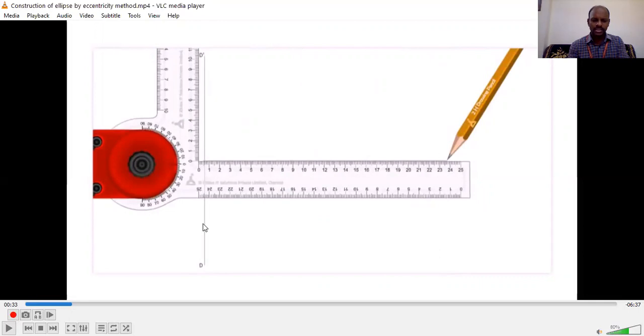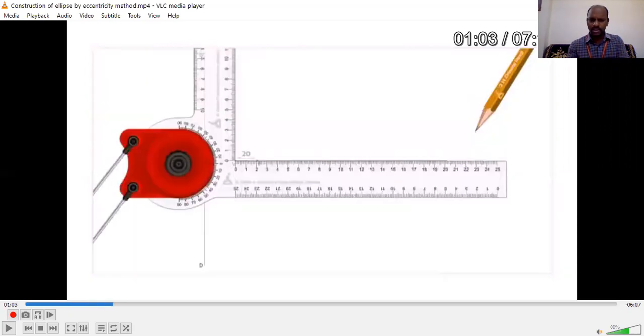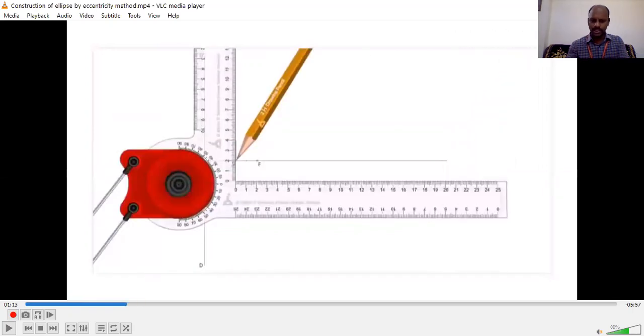It is nothing but the directrix, that is one vertical infinite length line, which we call the directrix. Perpendicular to that, I have drawn one more line. You can see this horizontal line, I am calling it the axis.